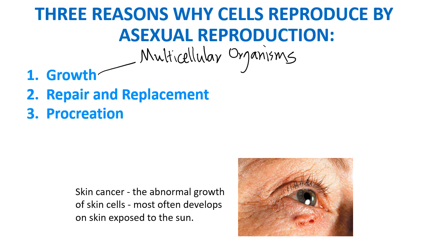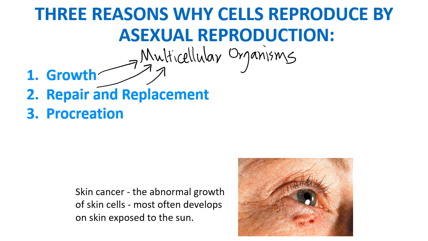They have to keep that high surface area to volume ratio so they can survive. So we have to divide and make more cells if we want to grow from a child to an adult. It's the same thing with repairing and replacing. If we have any damaged tissue, or we need to replace anything that gets lost, then our cells divide and make new cells to make those repairs.